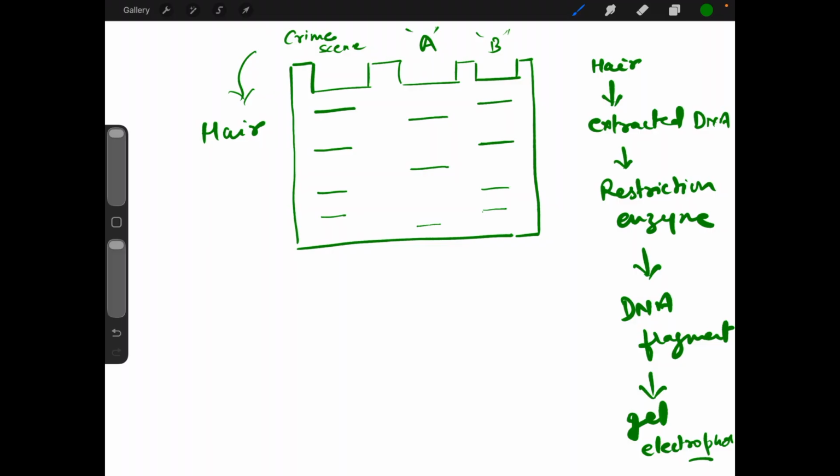They are like small cars in traffic. They will go through the gel easily and end up at the bottom. On the other hand, large fragments like this, and this, they are like big trucks. They get stuck and move slowly, staying near the top.